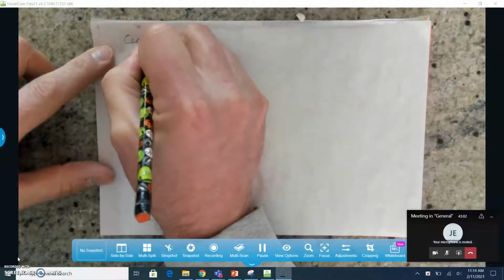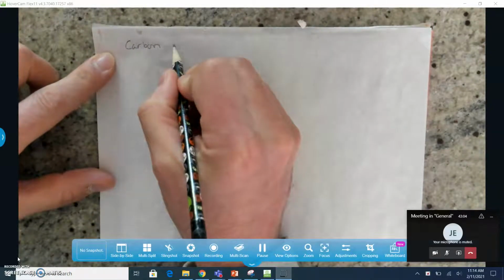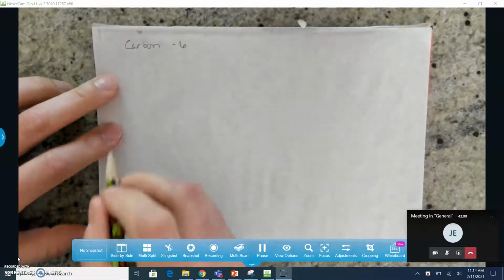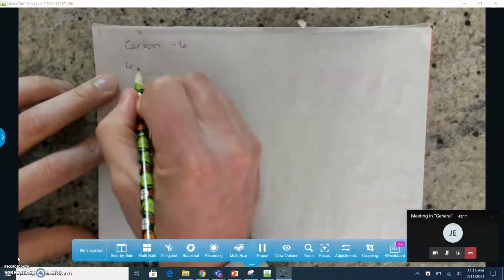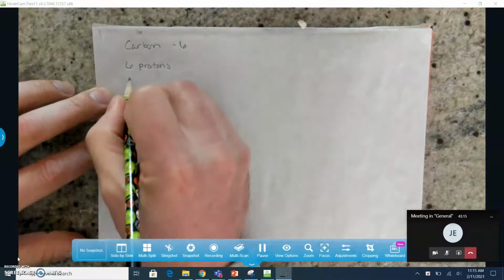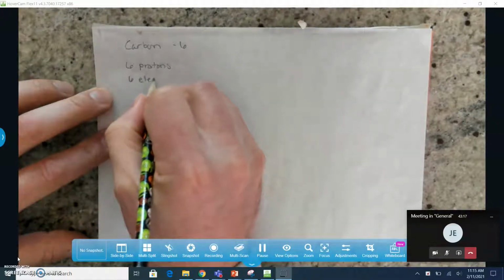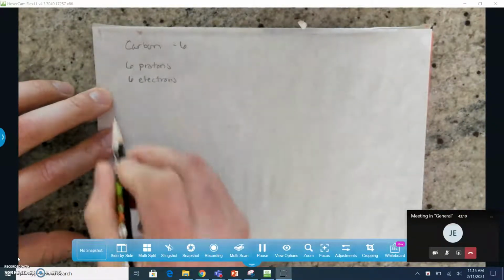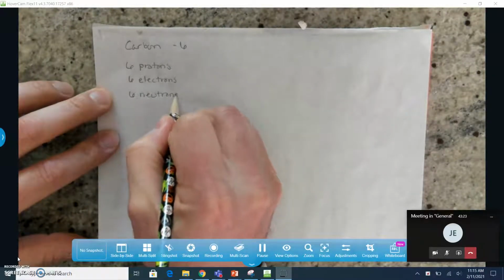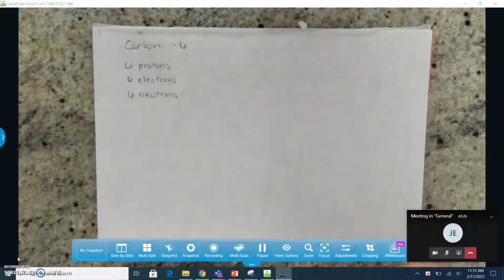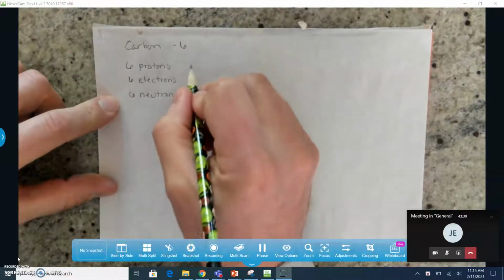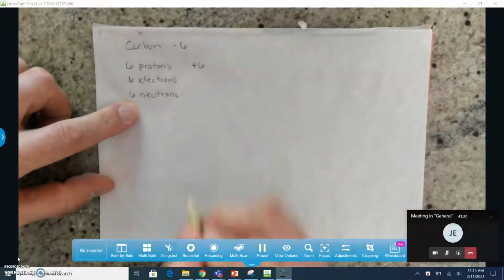Carbon is element number 6, and we know from the previous few slides that means there are 6 protons, 6 electrons, and also 6 neutrons. So again, just to quickly recap, these protons have a positive charge, so positive 6.